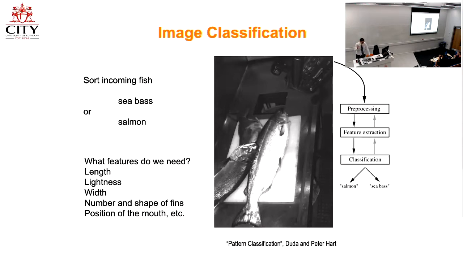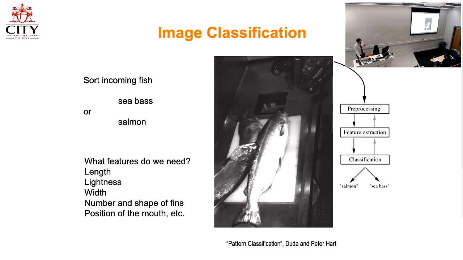So image classification is basically you have two different images and you want to be able to tell the difference between them. The way machine learning usually works is you have a lot of training images. You have 1,000 different images of, in this case, sea bass and salmon. You have 1,000 sea bass, you have 1,000 salmon.